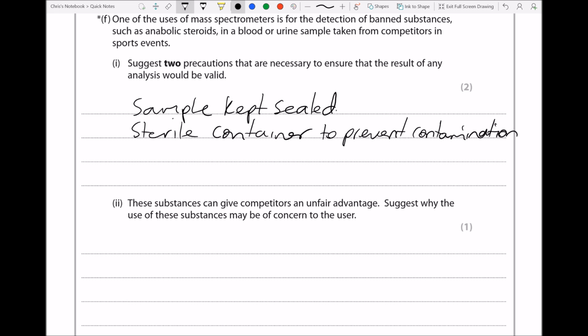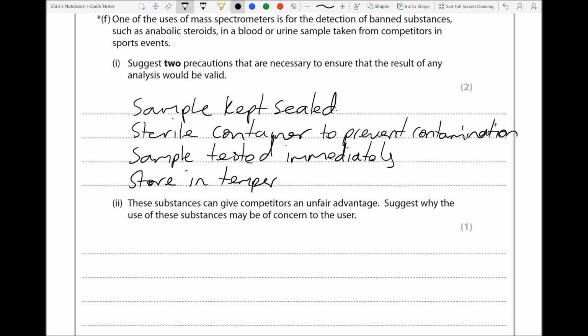We can also say the sample may need to be tested immediately. Another one could be that the sample is stored with temperature control, so a controlled environment.